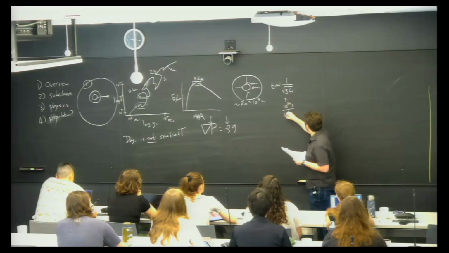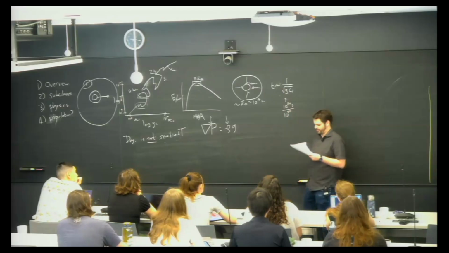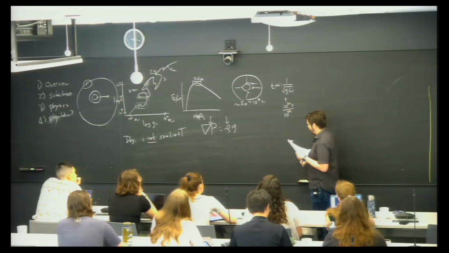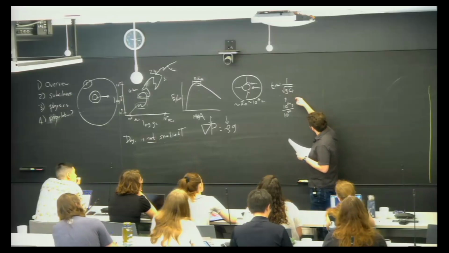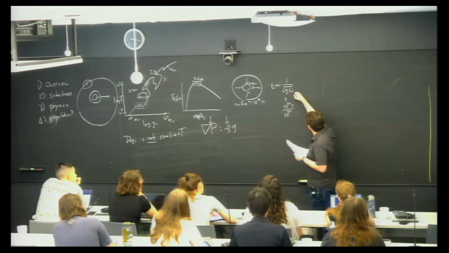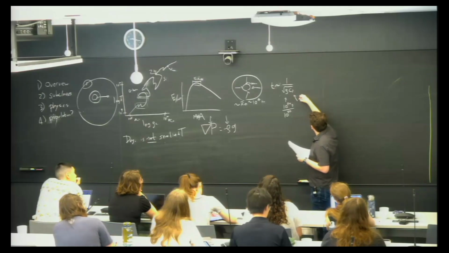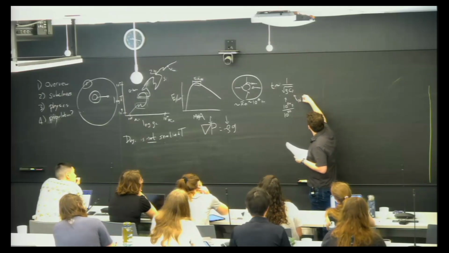Your 10 to the 10 centimeters cubed is about 10 to the 30. G is something like 10 to the minus 9.